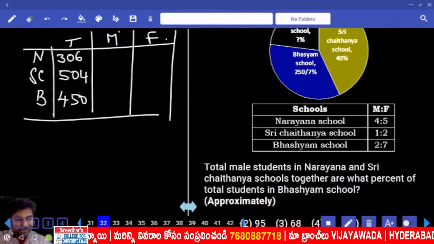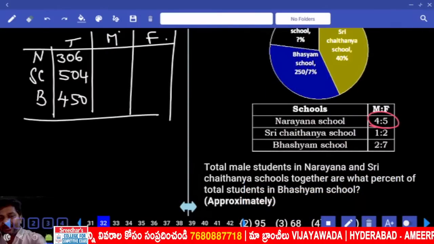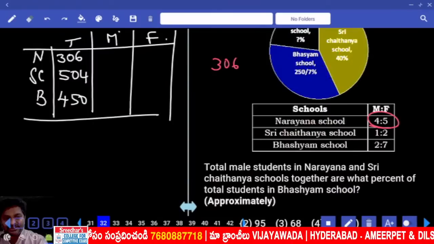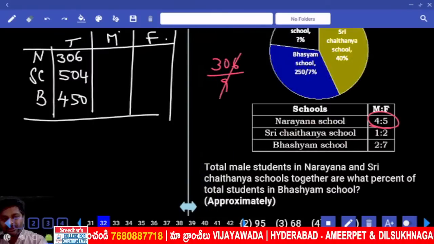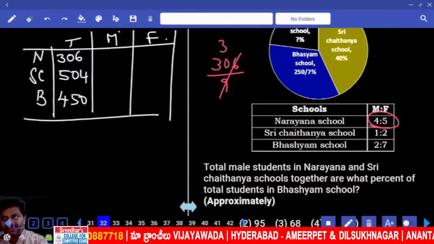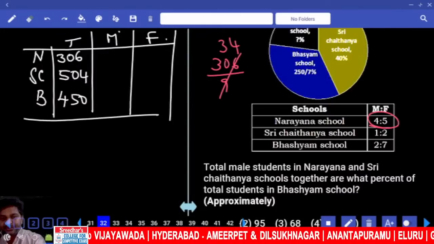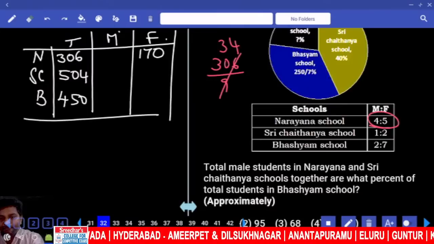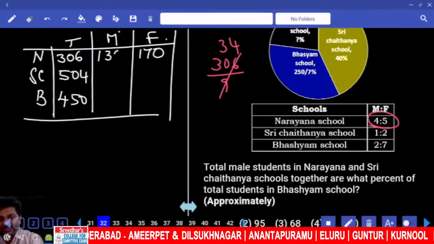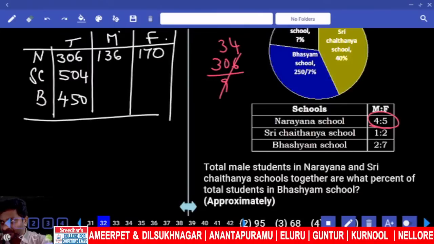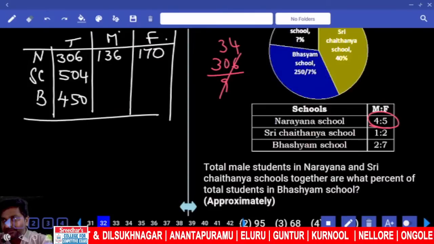Now male to female ratio, 9 parts. 9 parts is equal to 306, then 1 part is equal to 34. 9 3 times, 27, 4 times. 34 5 times, 170, remaining 136 comes here. Whichever is easy to calculate, we did that.